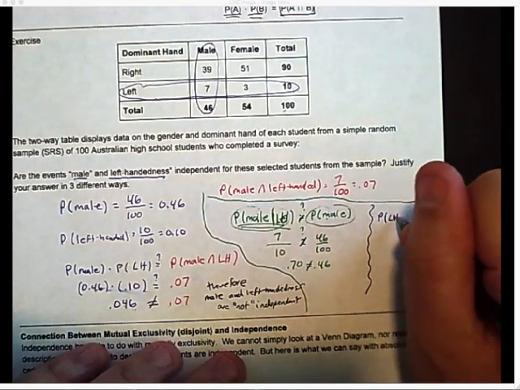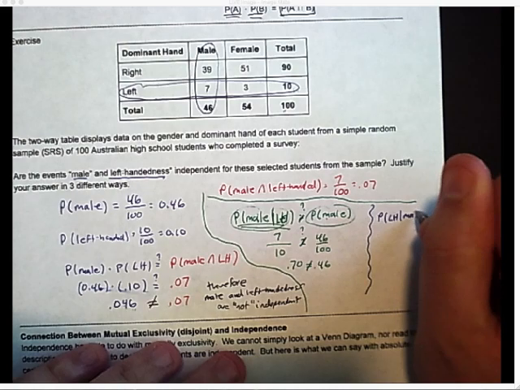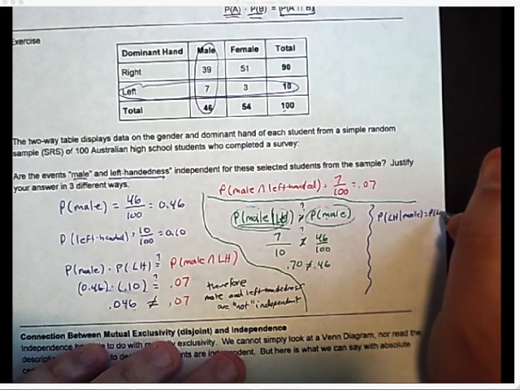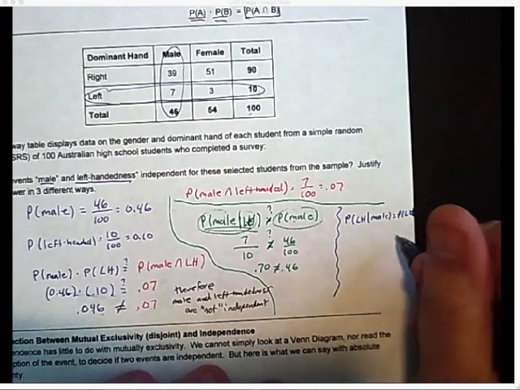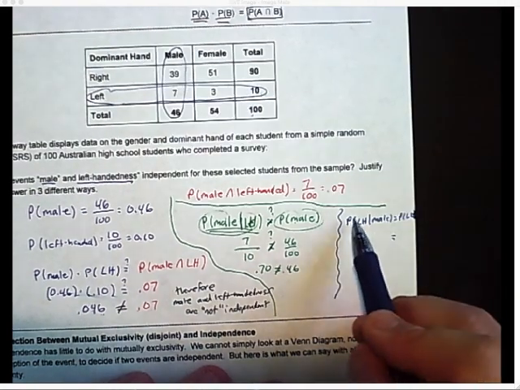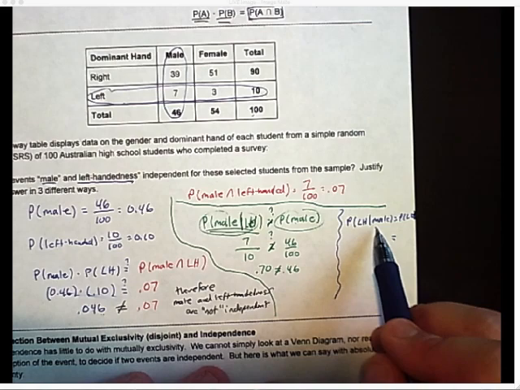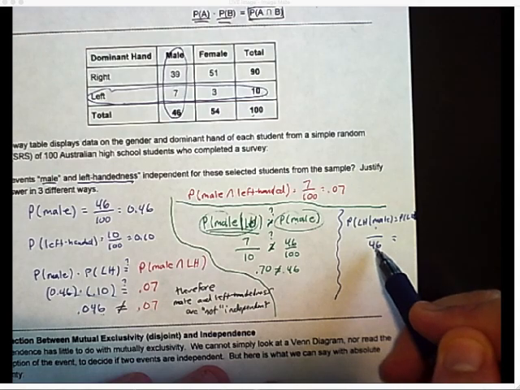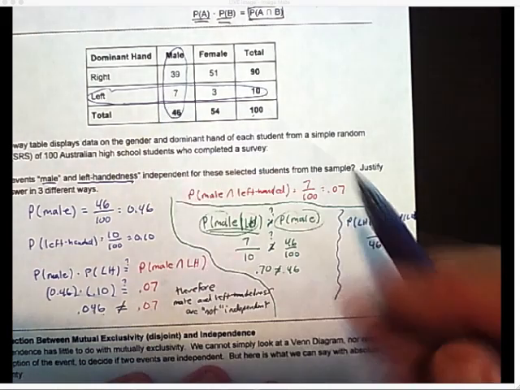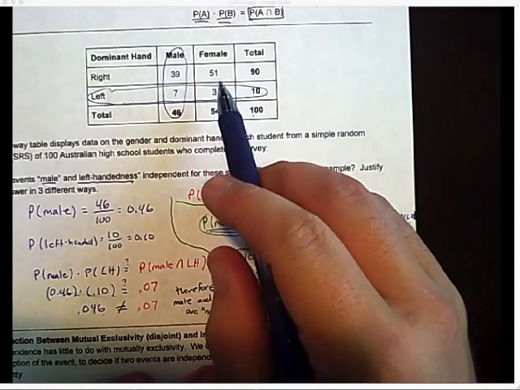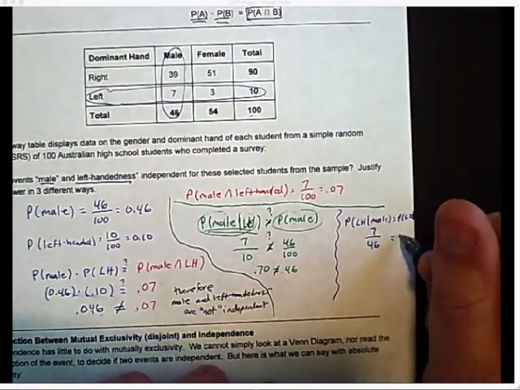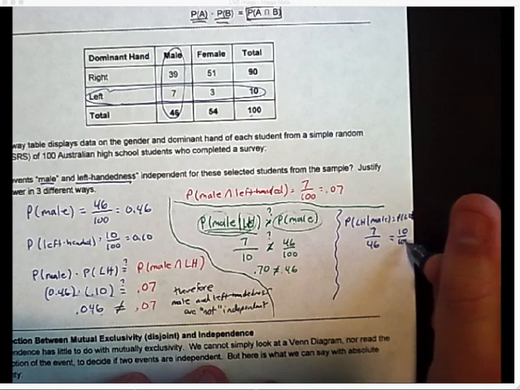Probability of left-handed given male, does that equal the same thing as probability of left-handed? So how do you find this out? Left-handed given male. Well, how many males do you have? 46. And of those 46 males, how many are left-handed? 7. Does that equal the probability of being left-handed, which is 10 out of 100?